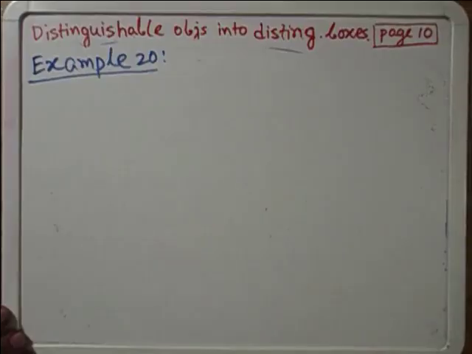Now let's solve example 20. How many ways are there to distribute hands of 5 cards to each of the 4 players from the standard deck of 52 cards? We are going to use the technique, or the formula, we just learned.